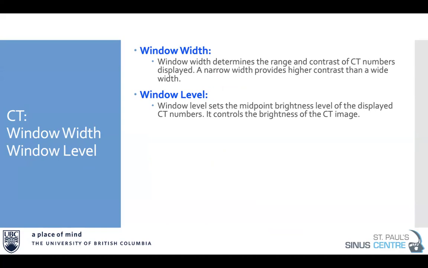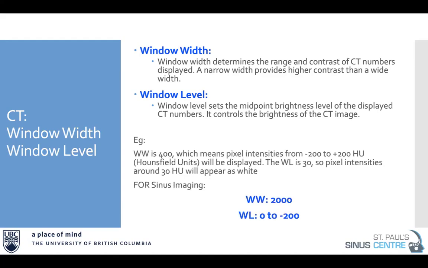And so every single CT that you see has a window width and a window level that's picked by your radiologist. And so if he thinks you're looking at the brain, he'll give you a brain window width and window level. And if you're looking at soft tissue, he'll give you a different window width and window level. But he will be guessing on what you want to see.